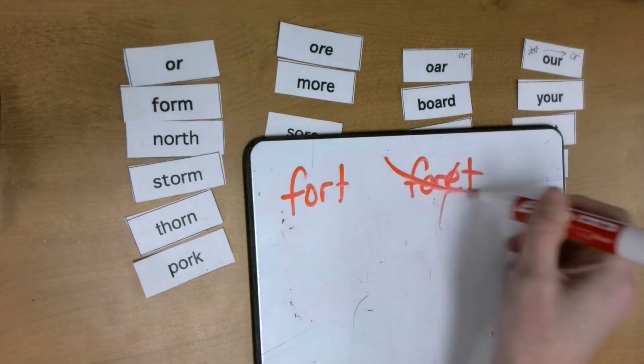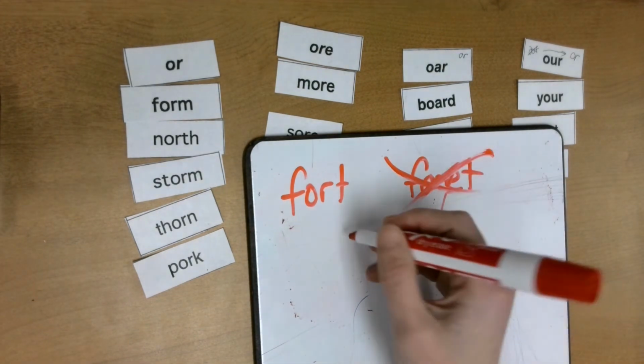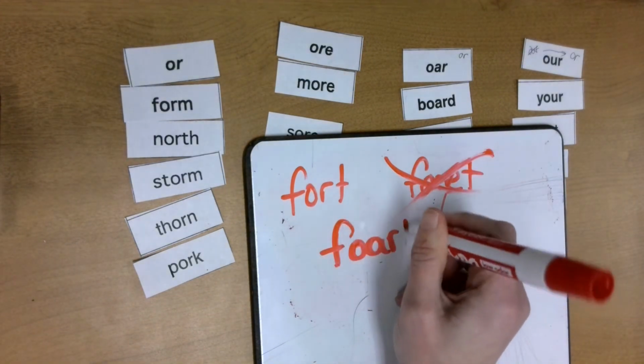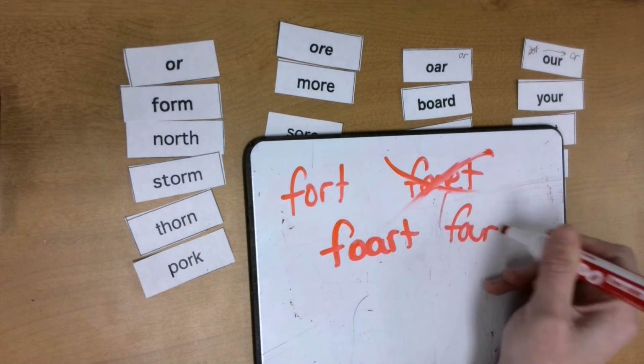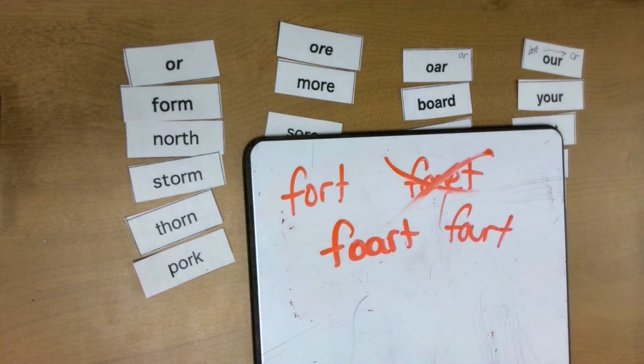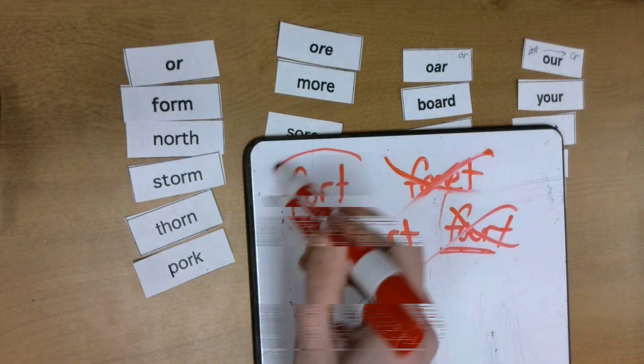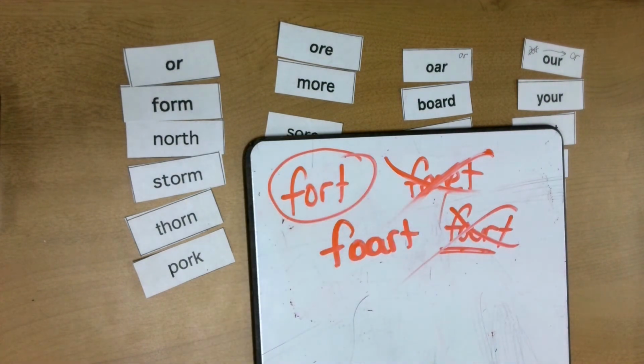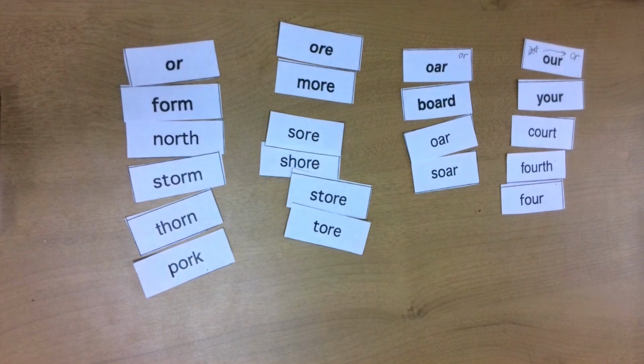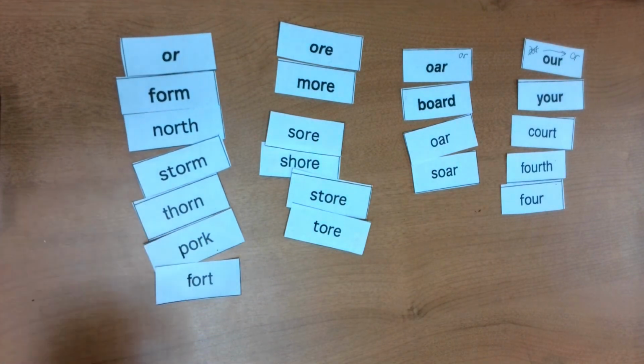No silent E in the middle of a word. That's bonkers. Is it fort like this, or fort like this? No, this is the number word for. Does it have anything to do with fort? It doesn't, so I don't think that's right. If you're thinking this one right here, you've got it. It's the one that looks most right.